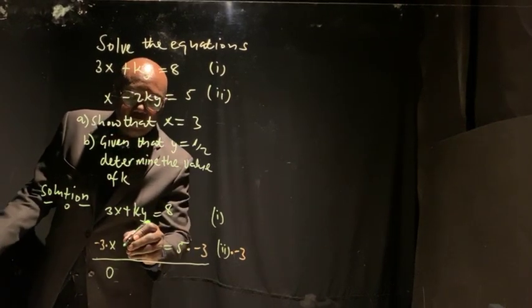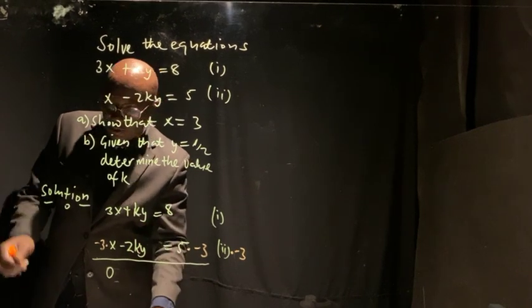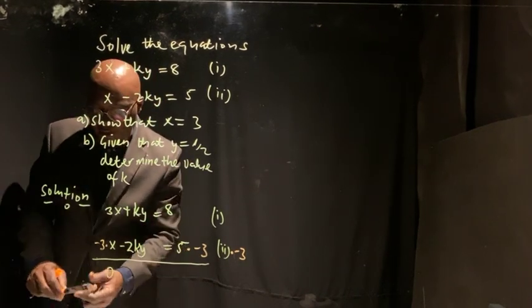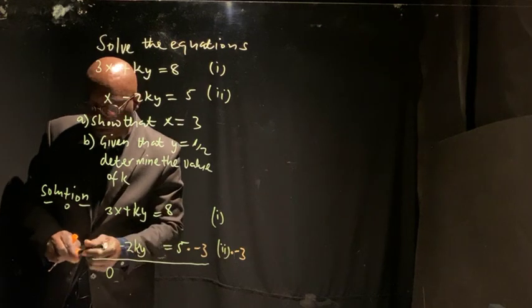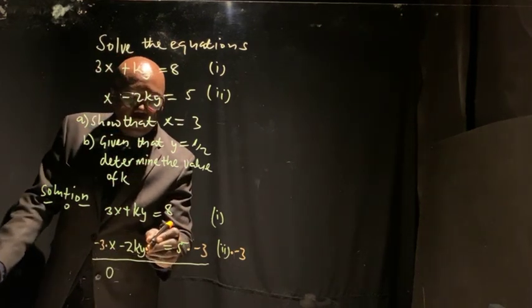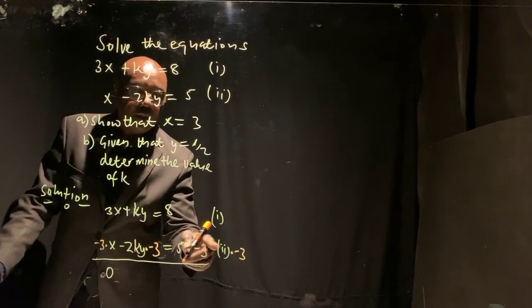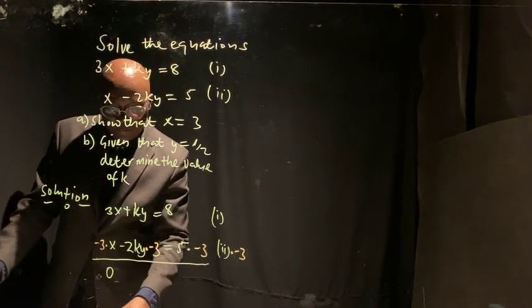This side is minus 2ky. We are multiplying both sides by minus 3.